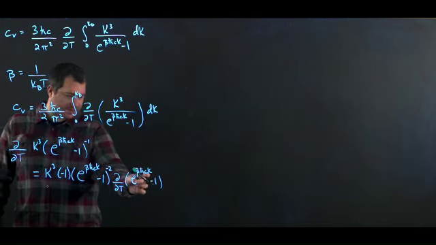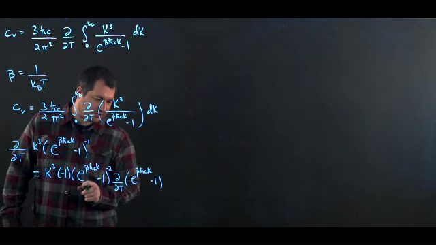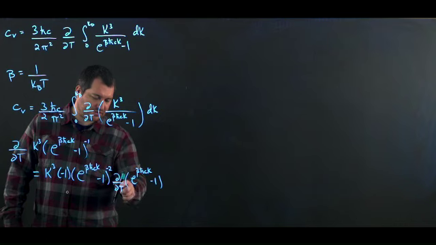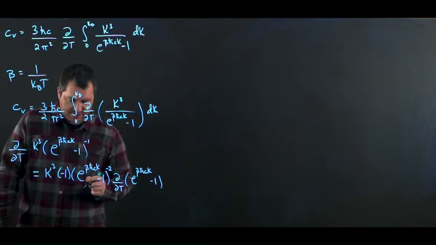Now, what's inside the bracket here, the 1 does not matter. It's nothing to do with temperature. But this exponential term has that beta. So what I'm going to do is take the derivative of this term with respect to temperature. Now remember that beta is just 1 over kBt.